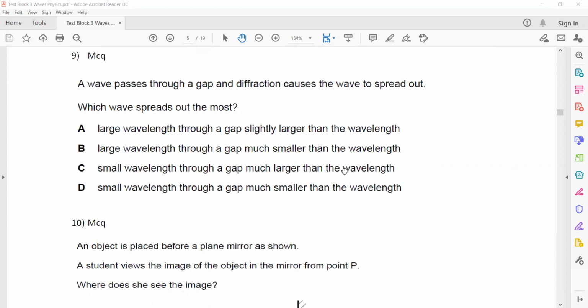The wave passes through a gap and diffraction causes the wave to spread out. Which wave spreads out the most?